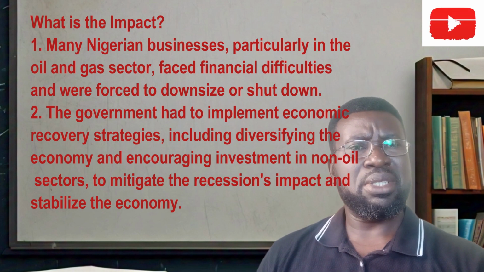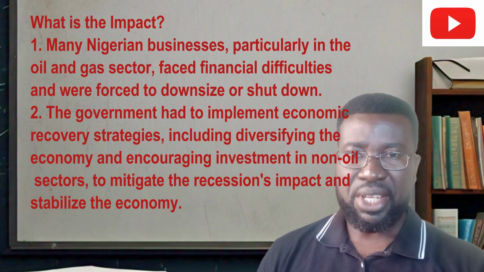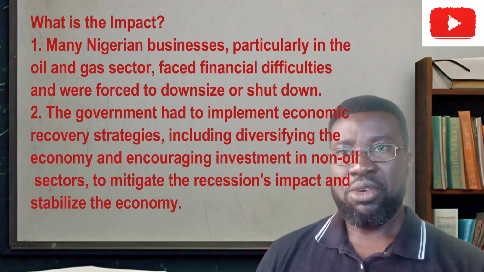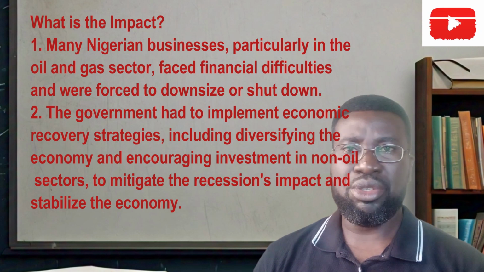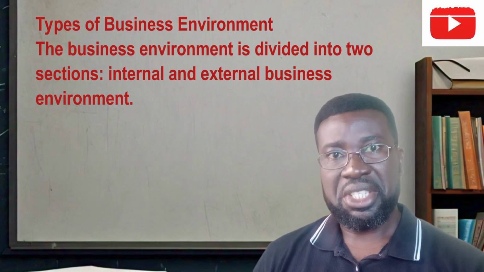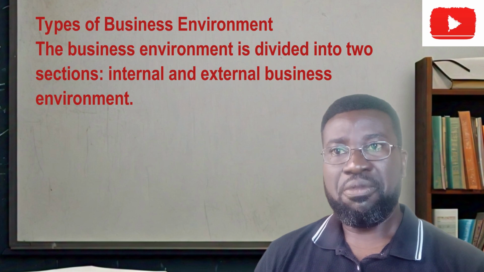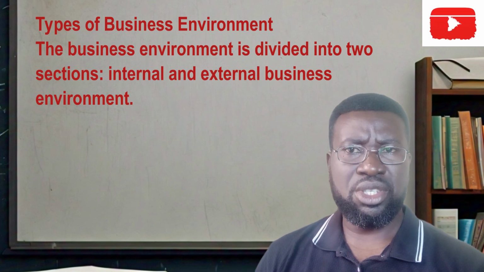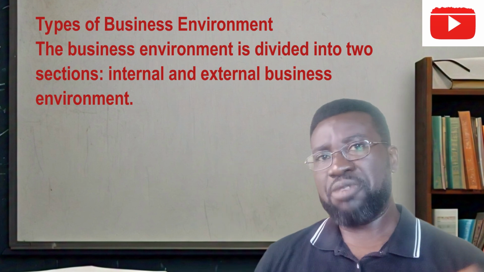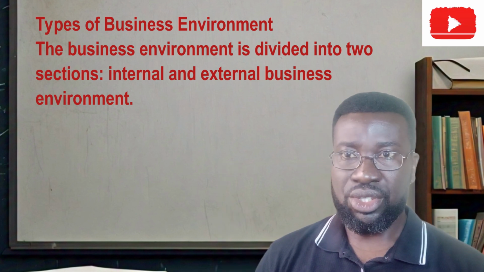Now let's talk about types of business environment. The business environment is divided into two sections: the internal and external business environment. The internal business environment includes factors within the organization, while the external business environment encompasses factors outside the organization.